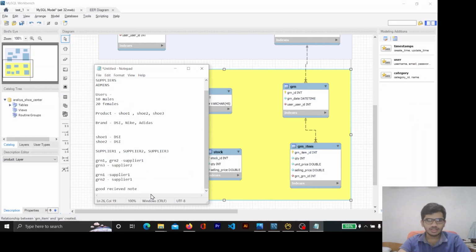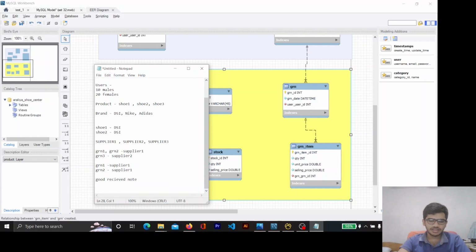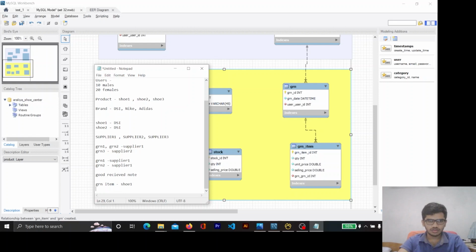So suppose GRN item is having shoe 1, and another GRN item is shoe 2, right?